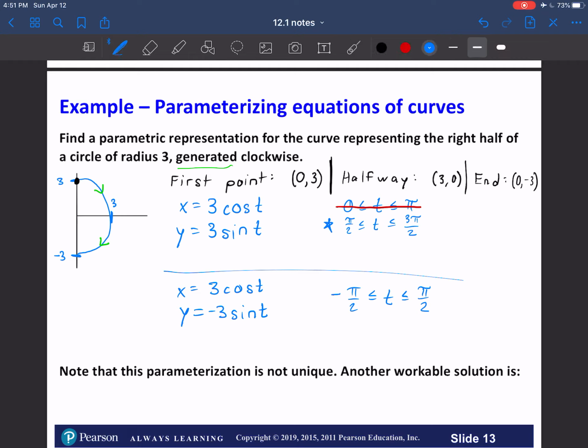There's also another way we could have done this. We could have simply said x equals 3 sine of t, and y equals 3 cosine of t, and t ranges from 0 to pi. All of these parameterizations will work. Whichever one you find the most attractive is whatever you should go with.